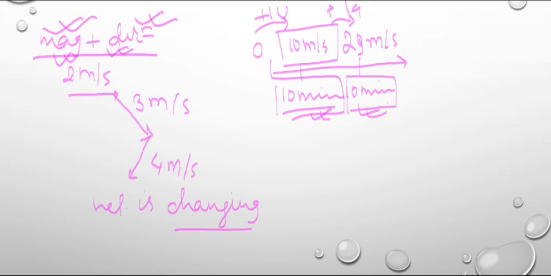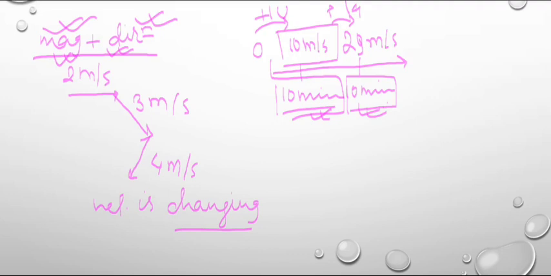Therefore, in this case, we can clearly say that the magnitude of the velocity of the object is changing, but not changing at a continuous or uniform rate. Therefore, this kind of motion is known as non-uniform velocity. What is non-uniform velocity?